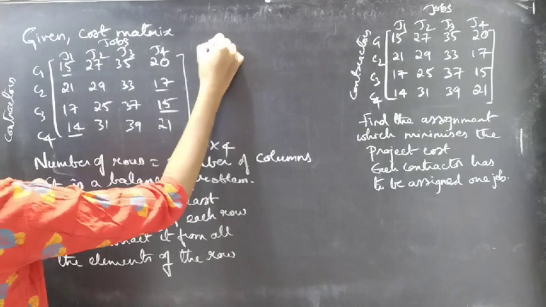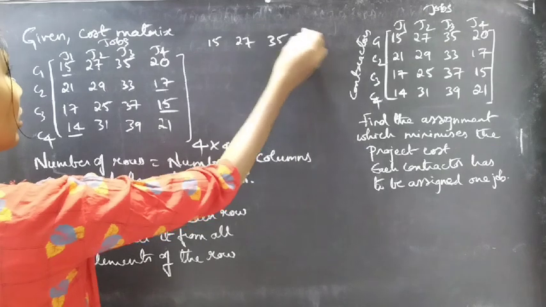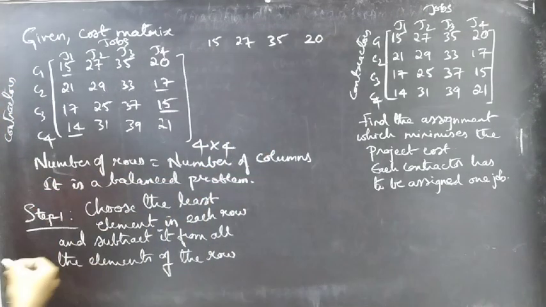Okay, so I'll consider the first row: 15, 27, 35, 20.